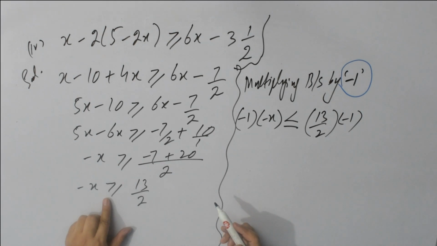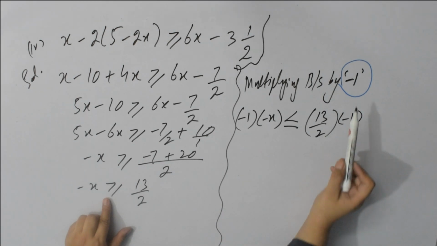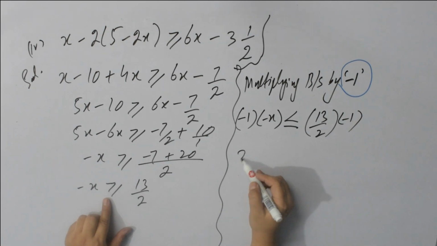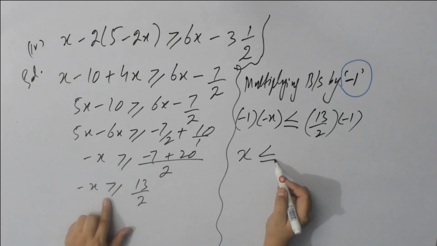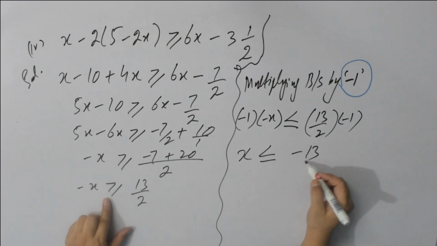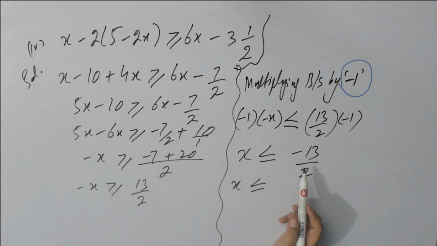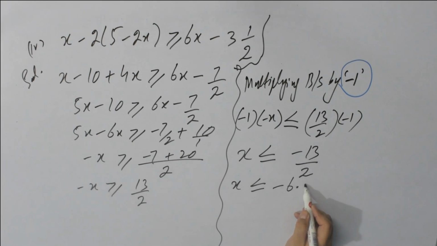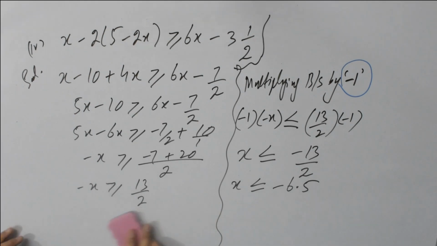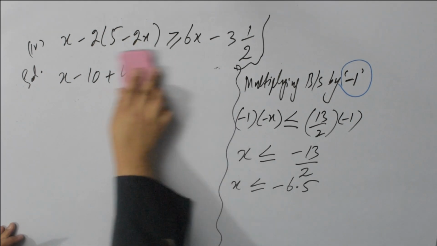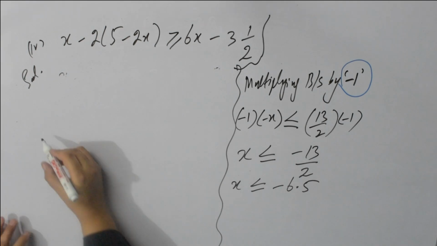Why? Because I have multiplied it with a negative number, so it becomes x is less than or equal to minus 13 by 2. And in the book they have given it in decimal form. It's fine, you can write it in the form of fraction or decimal, both are correct. Now the time is to write its solution set.